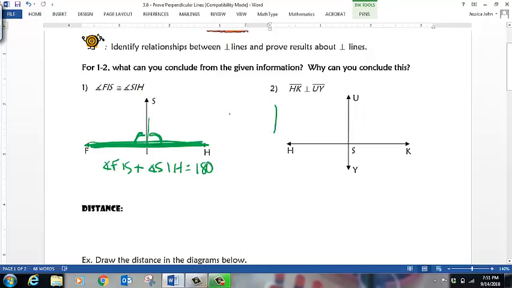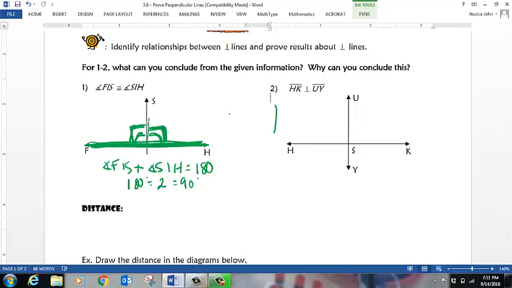Well, since both of them are congruent, that means we can just take that 180 and divide it by 2. So both of these two angles are actually going to be right angles. So we could actually say that this guy here is 90 degrees and this guy here is 90 degrees. So both angles would be right angles.